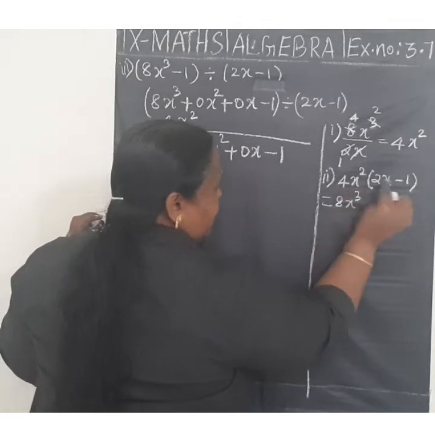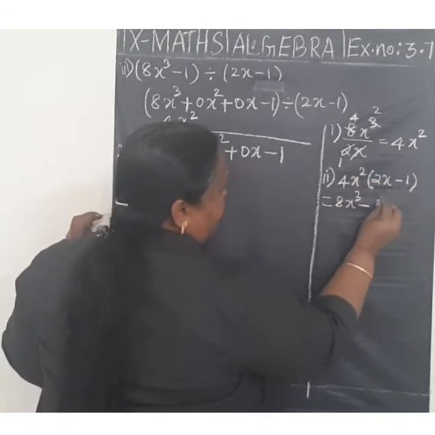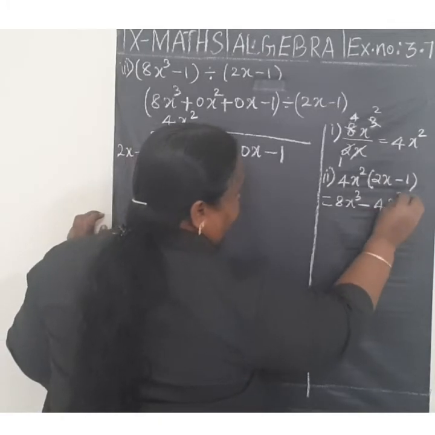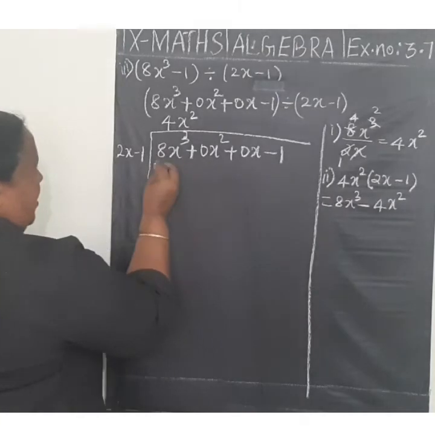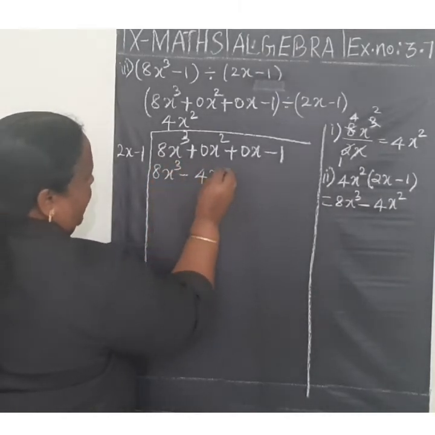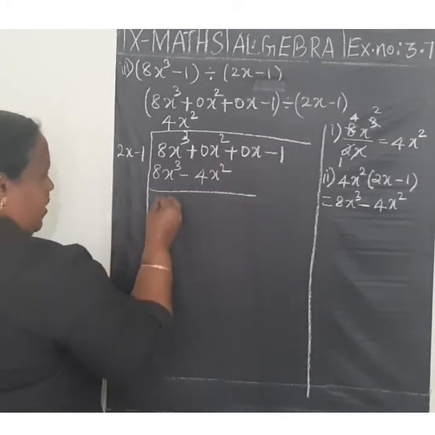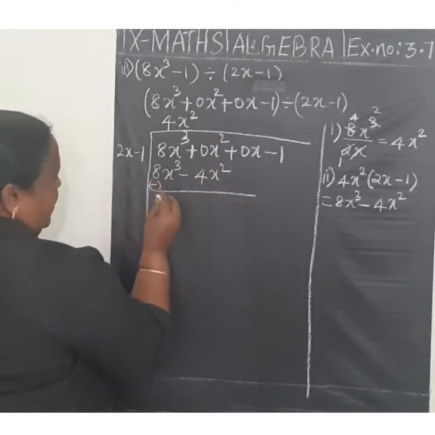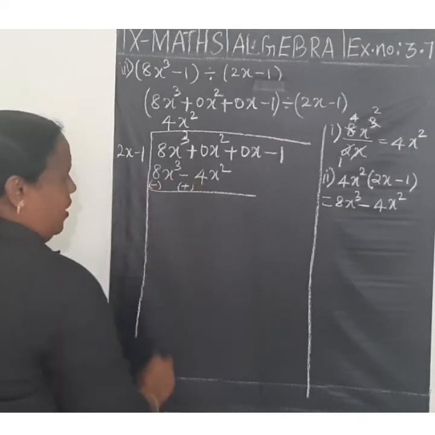Next here plus into minus, minus 4x square into 1 means minus 4x square. So write this 8x cube minus 4x square here. So next what we have to do, we have to subtract it. For that we have to change the sign. Here plus, so minus, here minus sign is there, so we have to put plus sign.